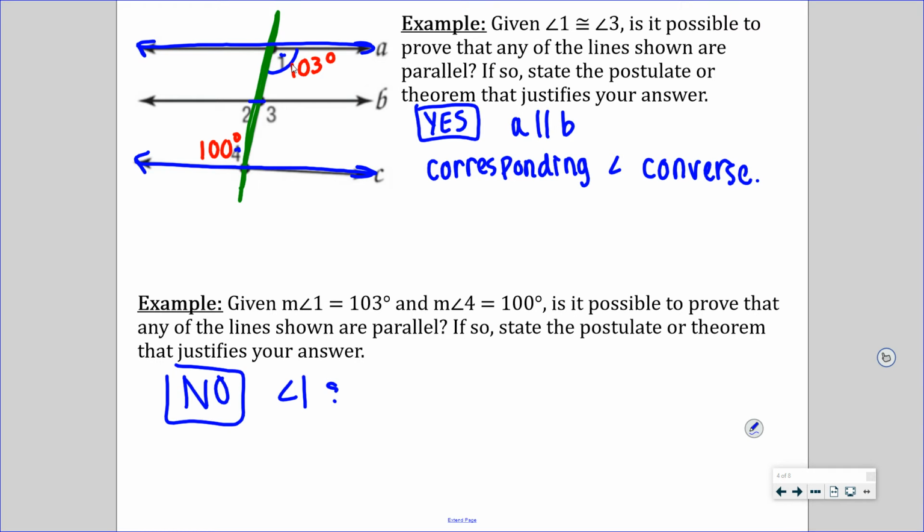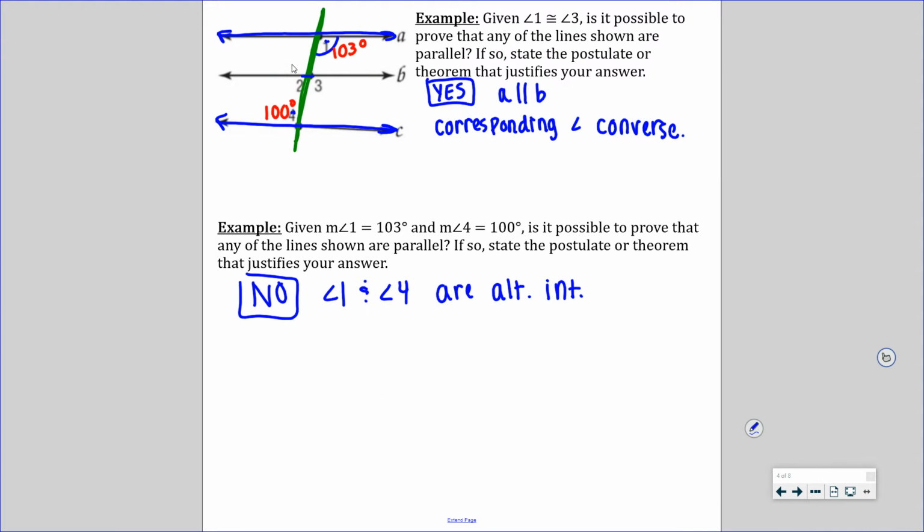Angle 1 and angle 4 are alternate exterior angles. Or, oh gosh, I cannot talk today. Alternate interior angles. If A was parallel to C, then those angles would have to be congruent.